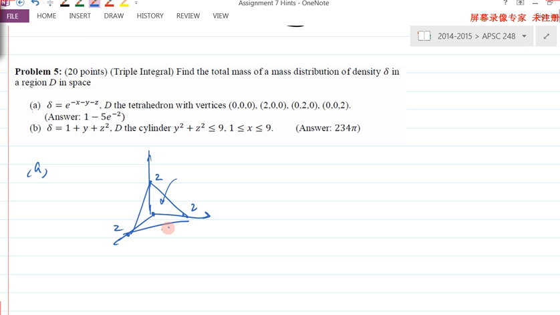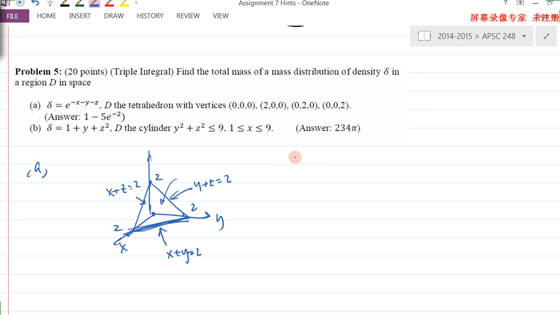The other way is, you know that at the bottom, this line is x plus y equal to 2, the intersection between this plane and the xy plane. Here's y plus z equal to 2, and here's x plus z equal to 2.